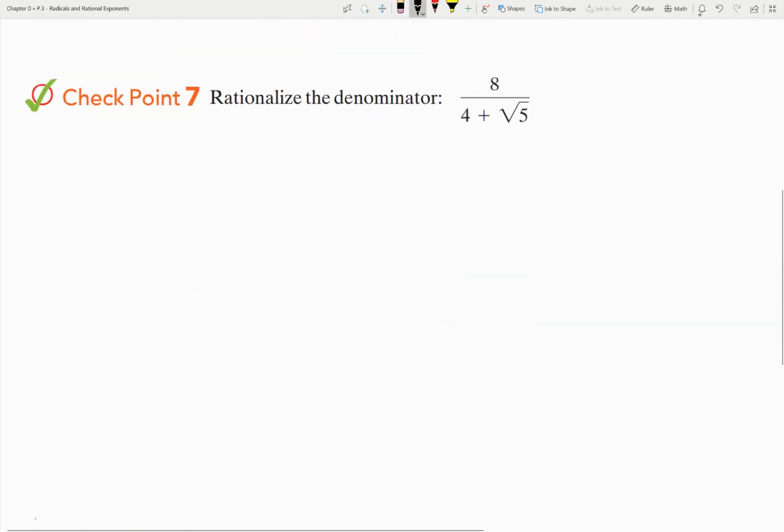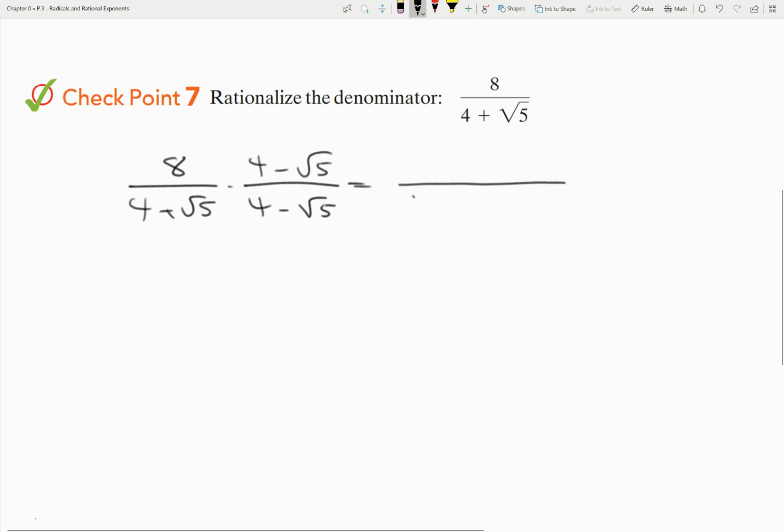Let's try it again. 8 over 4 plus the square root of 5. So to get rid of the radical in the denominator, I'm going to multiply by the conjugate of the denominator. And again, if you wanted to, distribute this out, FOIL it together, you would see that all the middle terms cancel, and we get 16. We can just do this: 16 minus 4 radical 5 plus 4 radical 5, right?